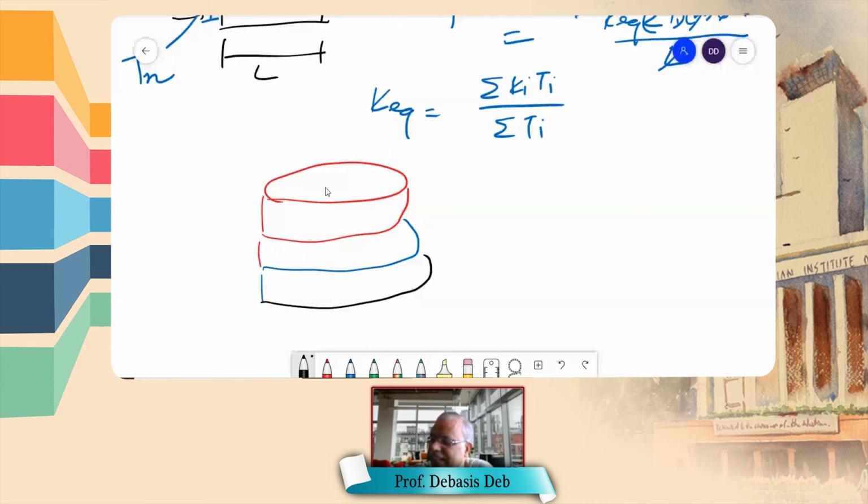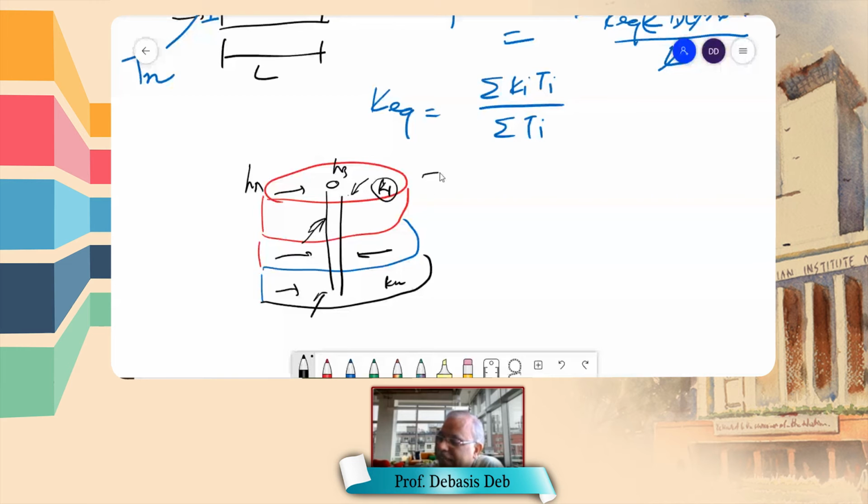The layers are like that, and my hole is here. This is the head, let's say HA, and this is HB here. So flow is coming like this, but at different layers there will be different flow, because this one will have K1 and this will have Kn. So depending on this hydraulic conductivity, the flow will be different.